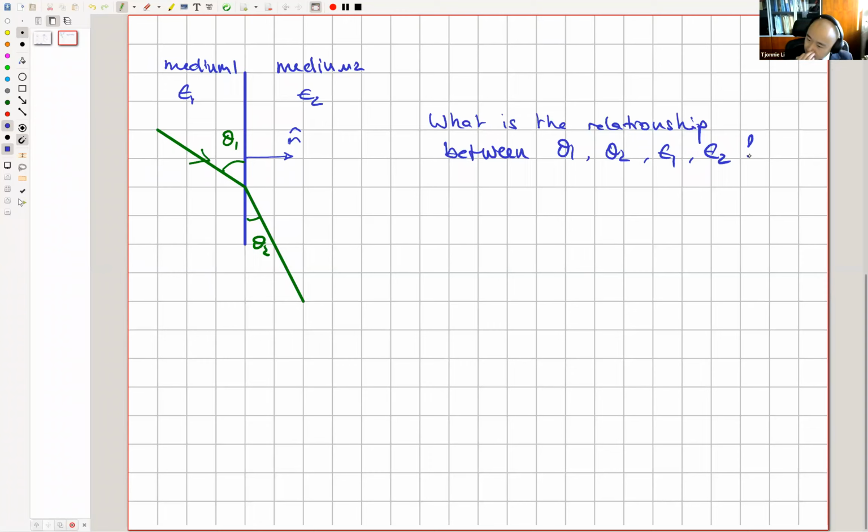Okay, we covered this last time extensively. There's one normal to the surface and one parallel to the surface. Can anyone tell me the boundary condition normal to the surface?